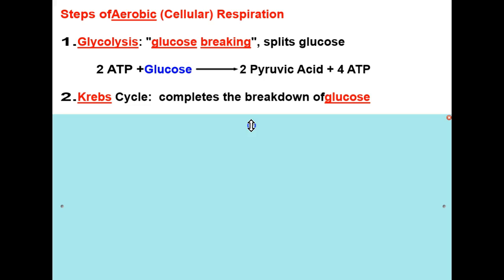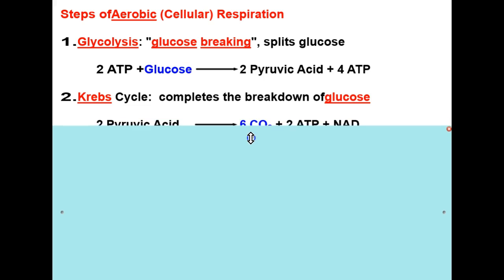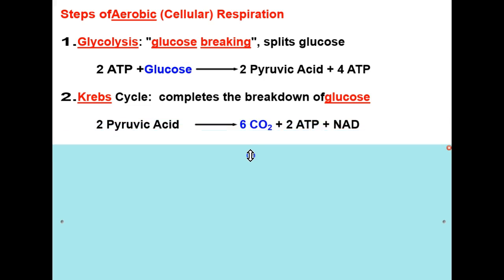Now these molecules move into the mitochondria, where the Krebs cycle takes place and completes the breakdown of the glucose. The 2 pyruvic acid from this step up here are now broken down and become 6 carbon dioxide molecules plus 2 ATP plus NADH.